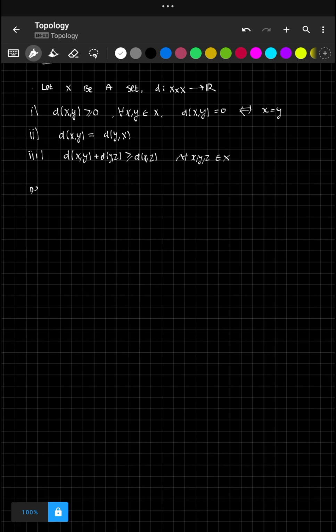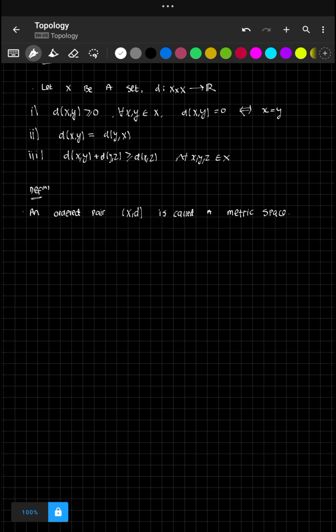And an ordered pair (X, d) is called a metric space. So a metric space is basically a set that has a metric defined on it.